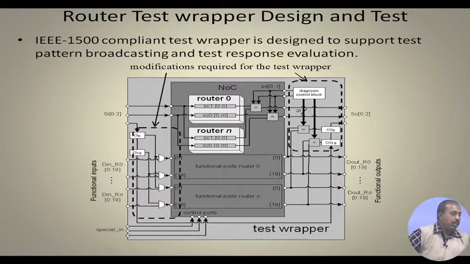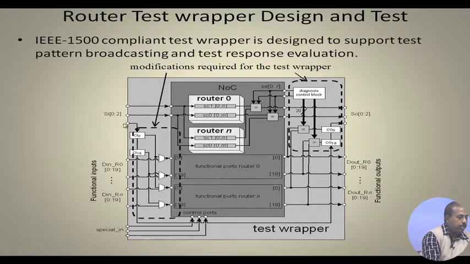For the router we have to design the test wrapper. Again, an IEEE 1500 compliant wrapper is designed to support this test pattern broadcasting and test response evaluation. You see that the test wrapper is designed like this. We have got the functional inputs, we have got these special inputs for the control ports, and these scan inputs. They are feeding this scan chain 1 and scan chain 0.